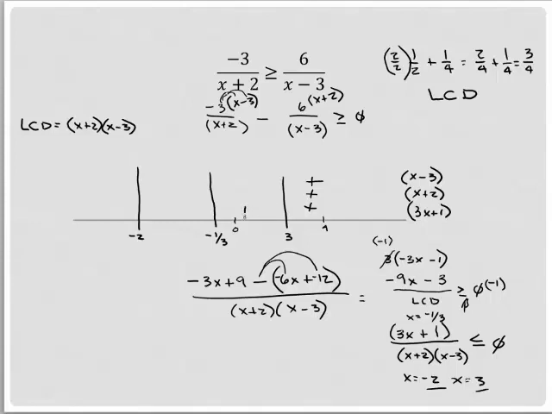So 0 plus 1 is positive, 0 plus 2 is positive, 0 minus 3 is negative. How about negative 1? That makes negative 3 plus 1 a negative number. Negative 1 plus 2 is a positive number. Negative 1 minus 3 is a negative number.